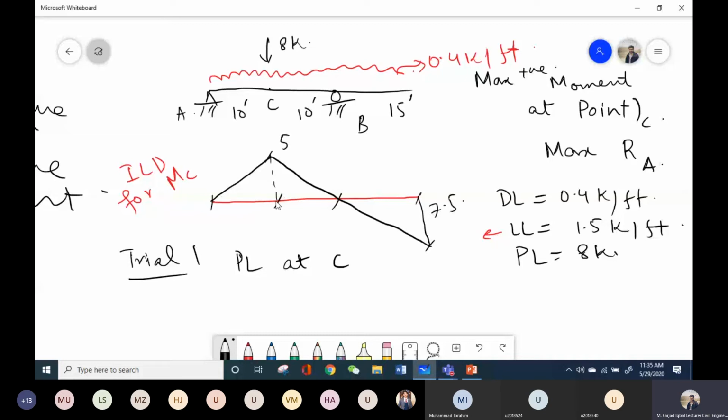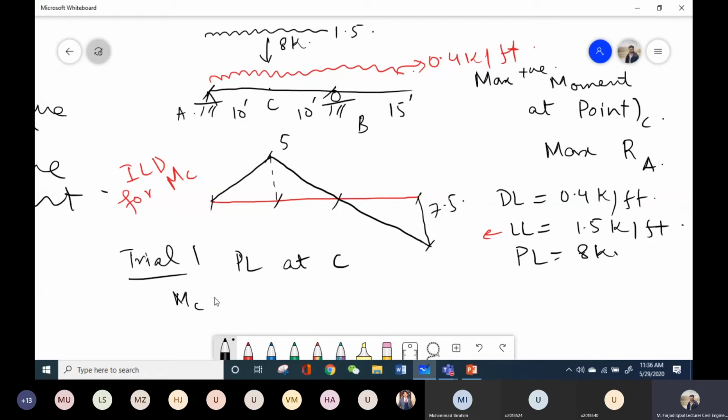I will also place my live load of 1.5 K per foot on the length from A to B, because if I place it over the entire length, this component will be subtracted and you are not going to get the maximum value. So what will be the moment at point C?